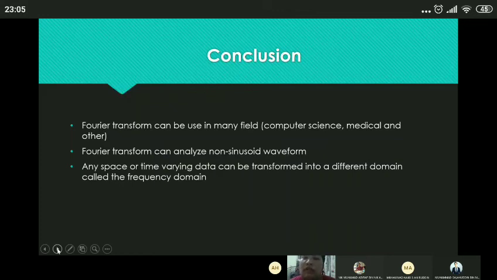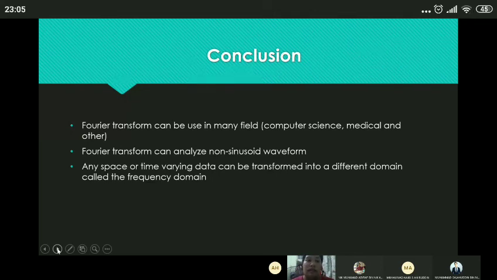Okay, for the conclusion, the Fourier transform can be used in many fields, such as computer science, medical, and others. Like the Fourier transform, the transform is a mixed domain transform. In the general case, the input data should be viewed as an image, and a distorted version of the image is the desired output.